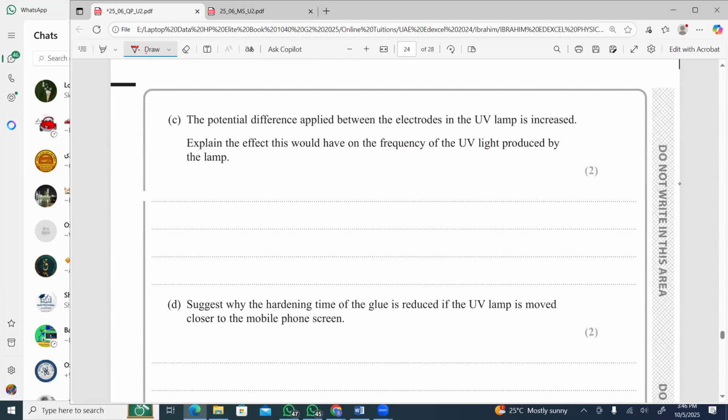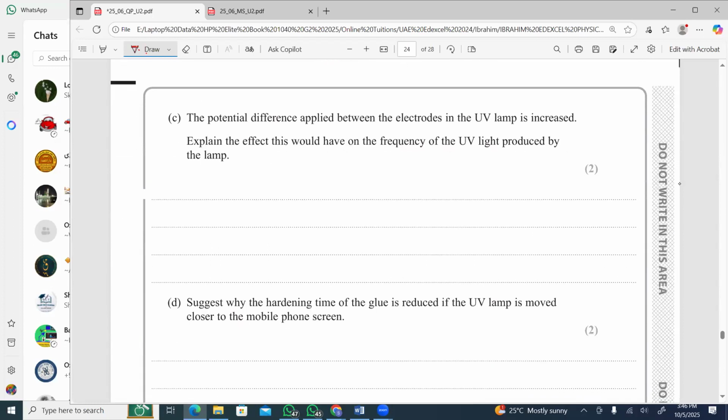Okay, C. The potential difference applied between the electrodes of the UV lamp is increased. Explain what effect this would have on the frequency of the UV light produced by the lamp. When the potential difference increases, what will happen? Potential difference is responsible for accelerating the electrons, so when it increases, electrons are more speedy.